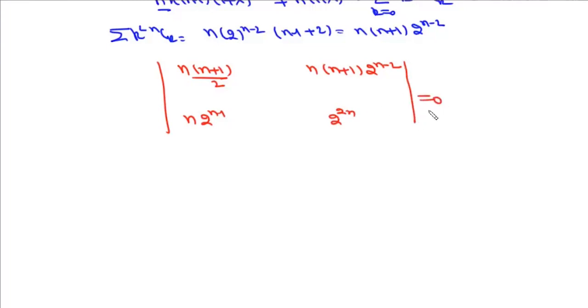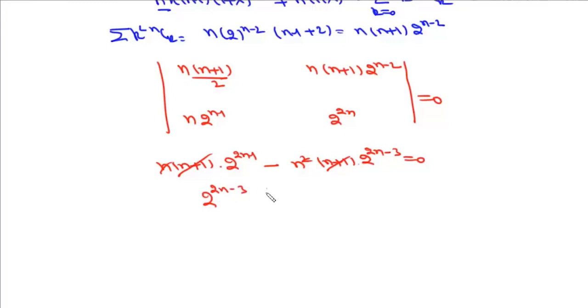And if this determinant is 0, then we'll get n(n+1) 2^(2n-1) minus n squared into (n+1) 2^(2n-3) will be equal to 0. Now we can cancel n(n+1), and we can take 2^(2n-3) common. Then we'll get 4 minus n equals 0. That is, the value of n is 4. So from here we'll get the value of n as 4.